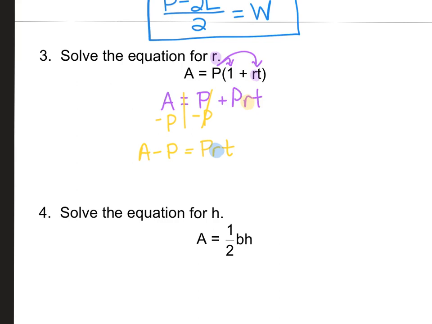Since the P and the T are being multiplied by the R, we would divide both sides by PT. Again, we cannot cancel out the P on the top with the P on the bottom because the P on the bottom is combined with the T. Those are separate. So we are left with A minus P divided by PT equals R.